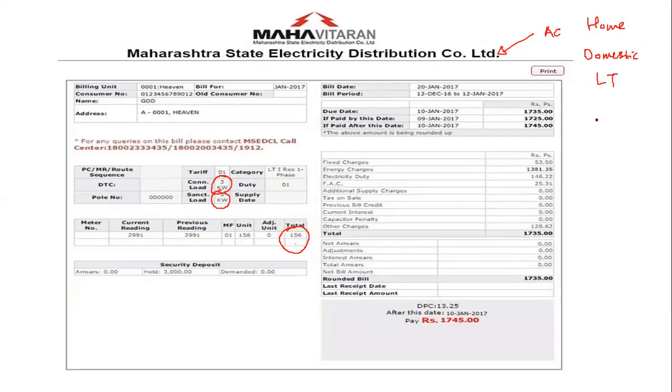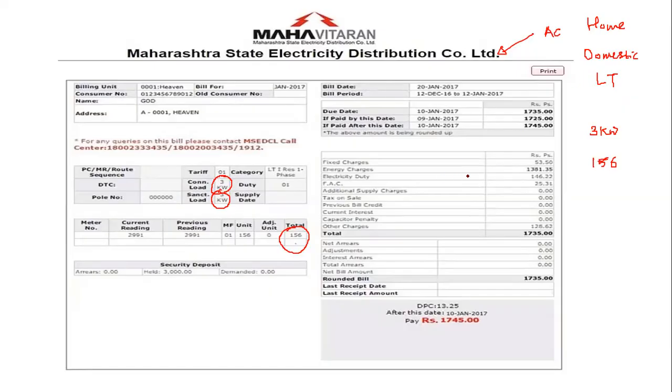That means all the appliances which you are using at your home can have a power utilization up to 3 kW, right? And the units consumed in a month is 156. So it is essential to know how this energy is being calculated.